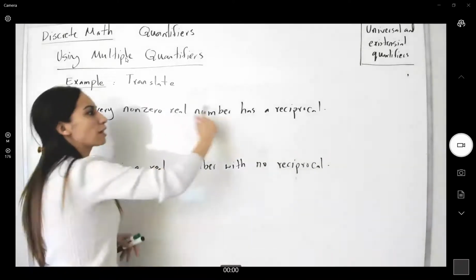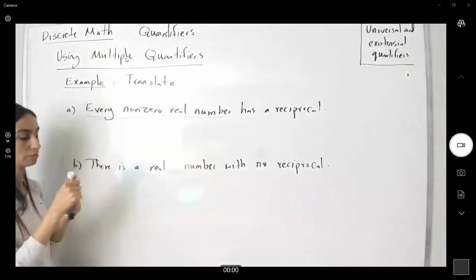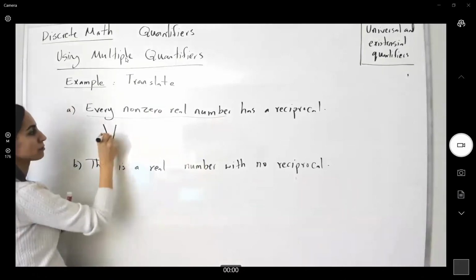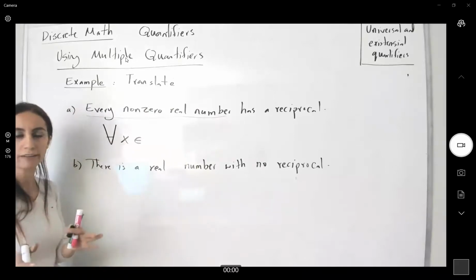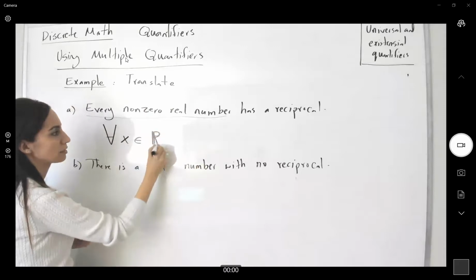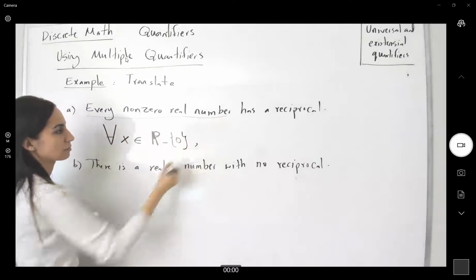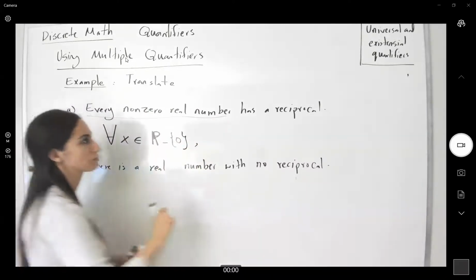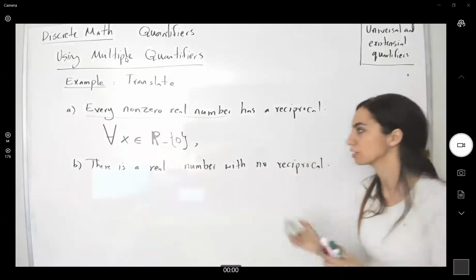Every non-zero real number. So let us focus on this part first. Every, for all, for any x which belongs to R, which is not zero. So we're going to write it as R minus 0. For every non-zero real number, it has a reciprocal. What's the meaning of that? It has a reciprocal.